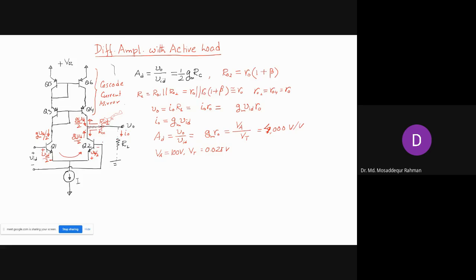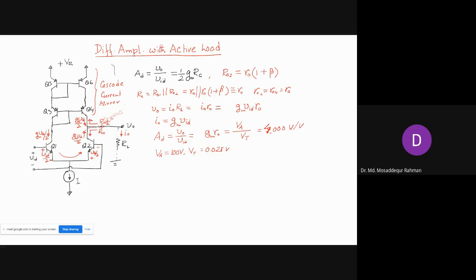So in this case, the differential amplifier part has the low output resistance compared to the cascode current mirror, and that is the deciding factor in determining the overall gain, the output resistance of this differential amplifier.